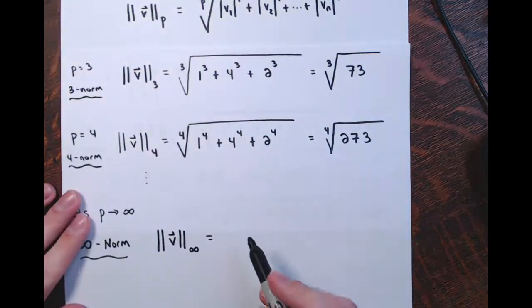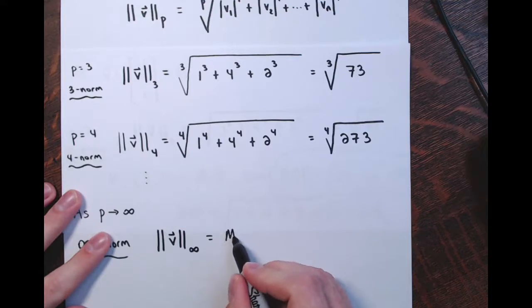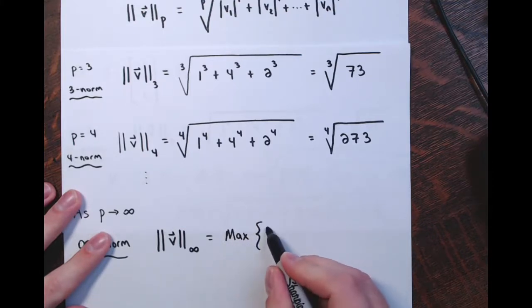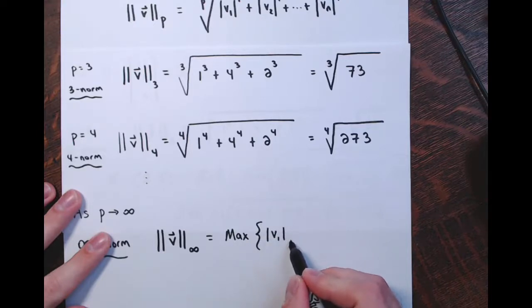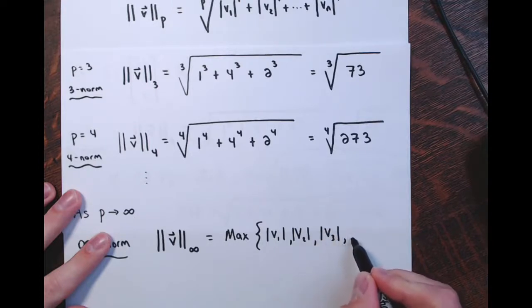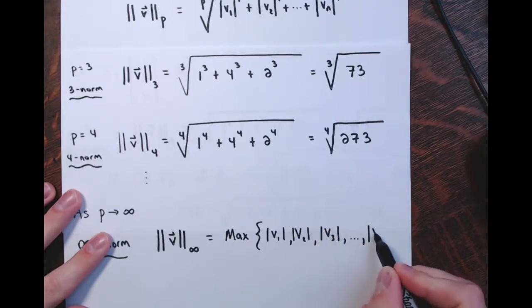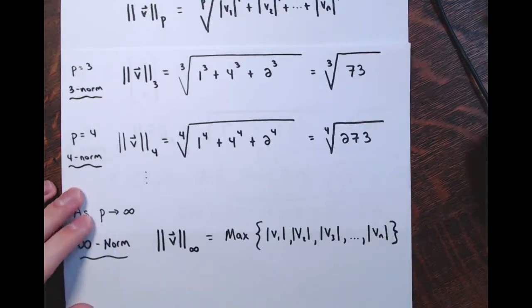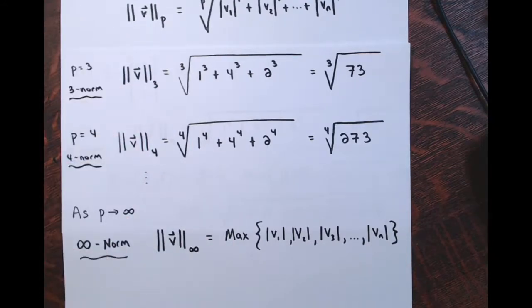You just end up with the maximum value: the largest of the absolute value of v1, the absolute value of v2, the absolute value of v3, and so on, up to the absolute value of vn. Whatever the largest number of those is, this is what this will approach as p goes to infinity.